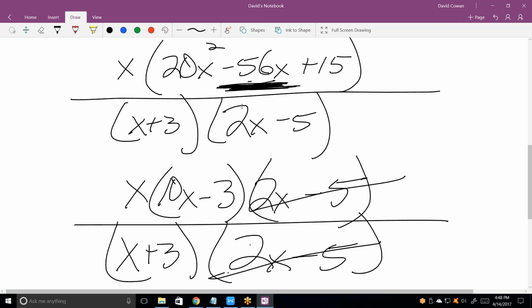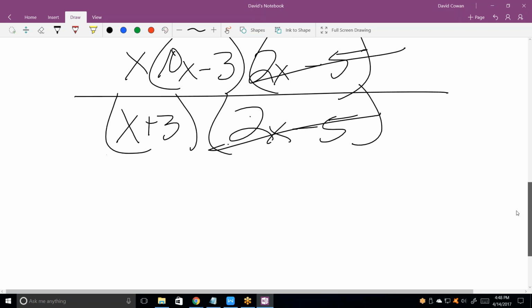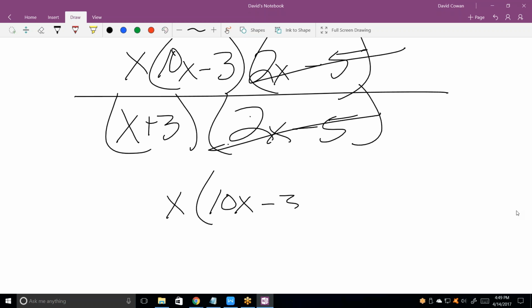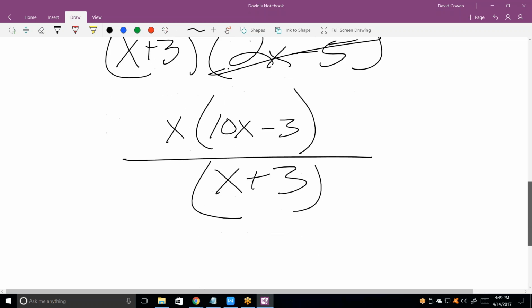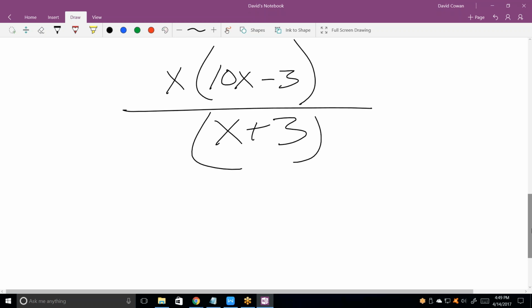And now what am I left with? Here, let me go scroll down a little bit more. Leave everything in factored form because you never know when it might cancel. So it's better in factored form than not. Bottom's got that. That looks to be as good as you can do in terms of simplifying it. Can't factor anything out from the top. Can't do anything else with the bottom.